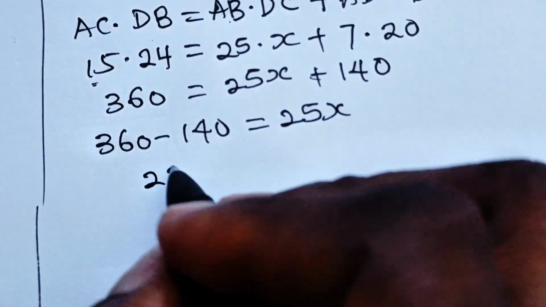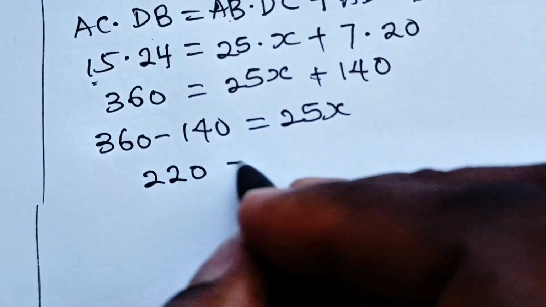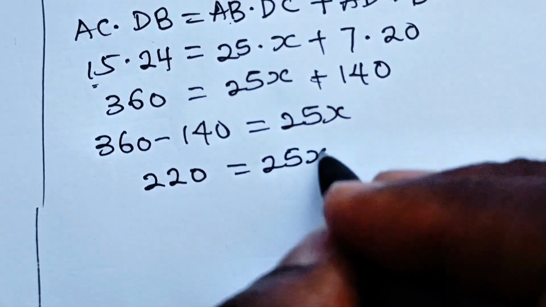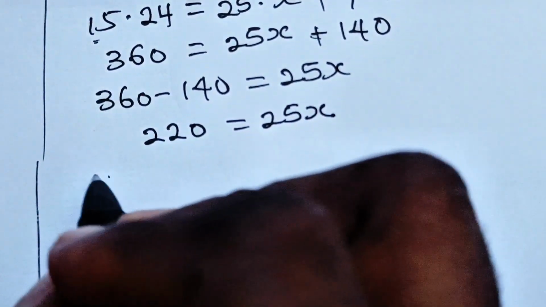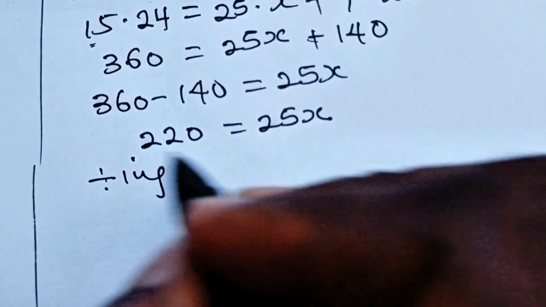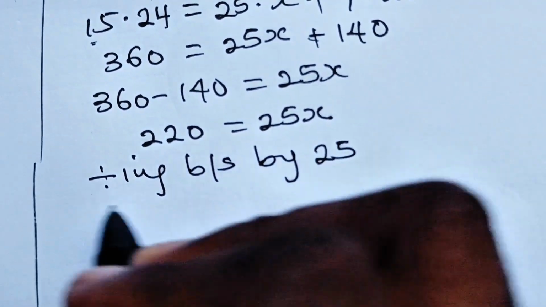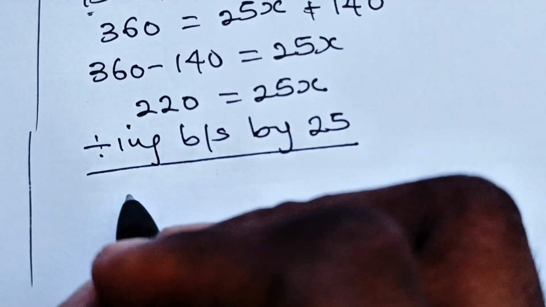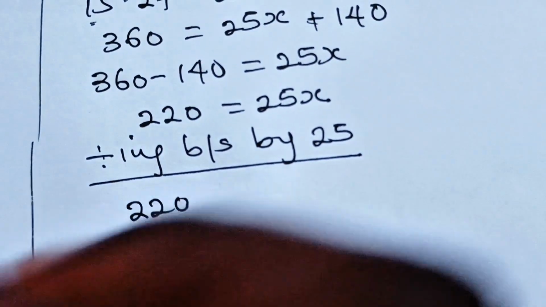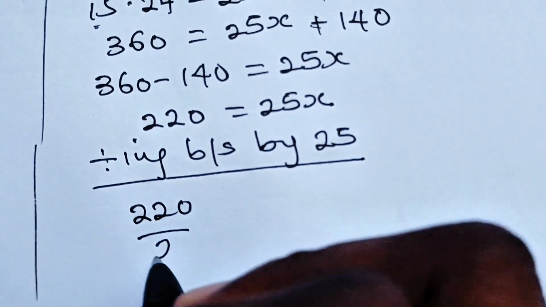So we have 220 is equal to 25x. So if we divide both sides by 25, we have 220 divided by 25.